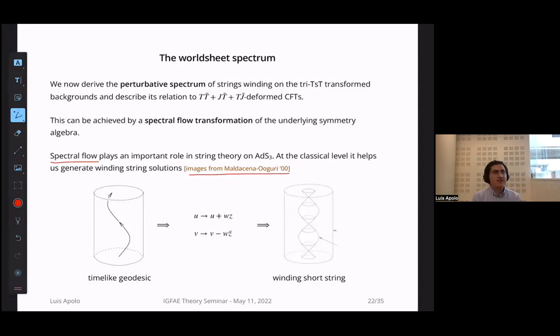So if you imagine taking the worldsheet equations of motion and you find a timelike geodesic, this is a solution to the equations of motion, and performing the following shift of coordinates, you will generate a new solution to the equations of motion that corresponds to a winding short string. So this is a string that just contracts and expands in the interior of AdS, and it reaches a maximum size. And here W corresponds to the winding of the string along the spatial circle.